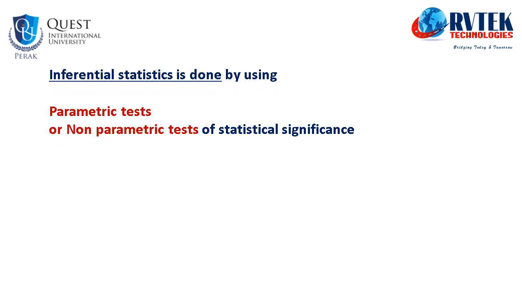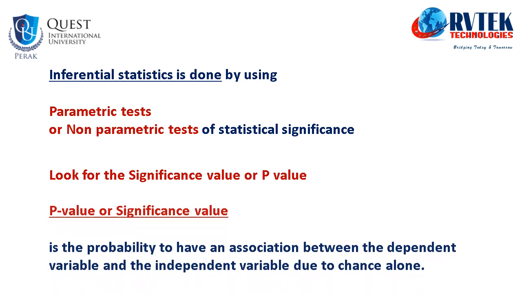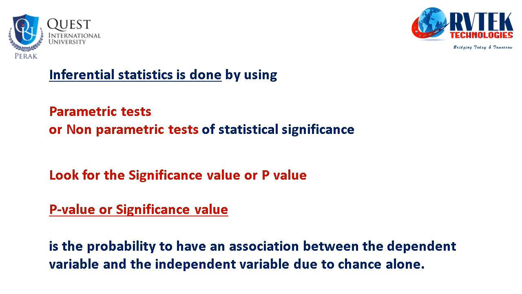Inferential statistics is done by using parametric or non-parametric tests of statistical significance. Then we need to look for the significance value or p-value. After that, okay, what is the p-value?